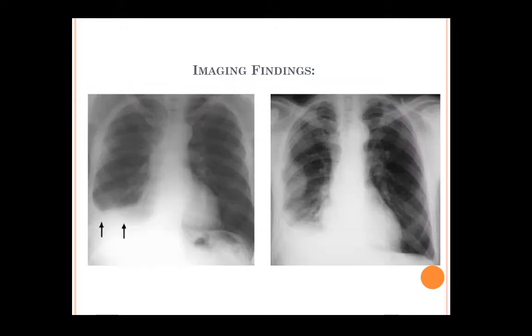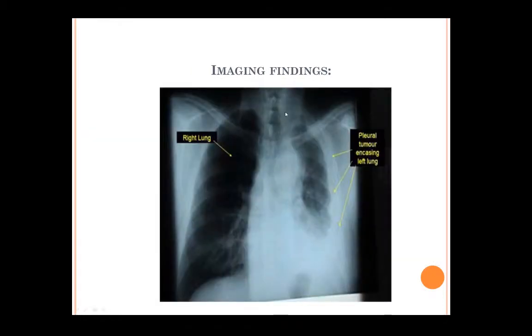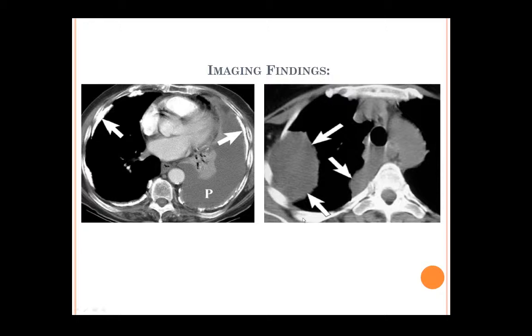Usually the symptoms are non-specific, and there is a delay between presentation and diagnosis, with an average time of about 4 months. On X-rays, mesothelioma usually presents as unilateral pleural effusion or as a solid pleural mass. More commonly, it presents as diffuse or focal pleural thickening.